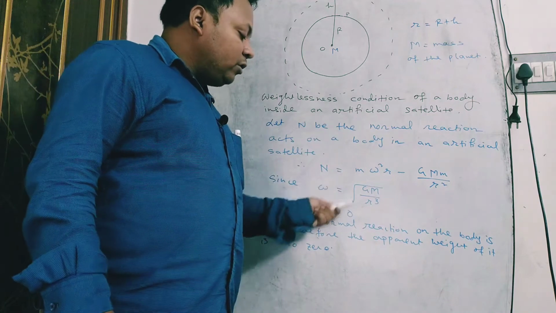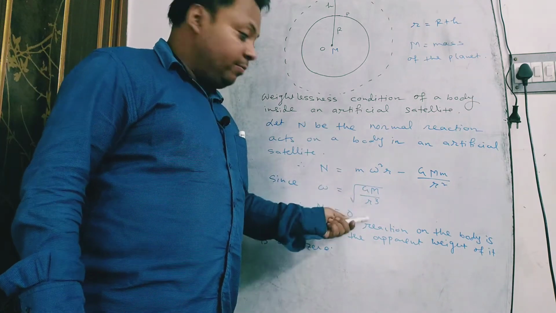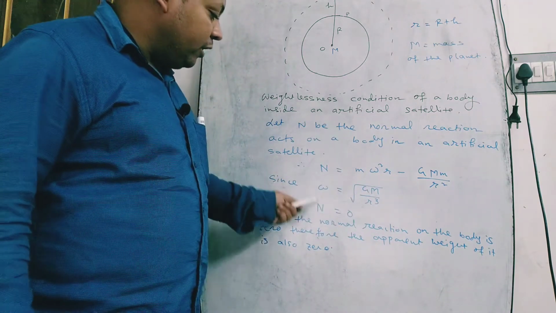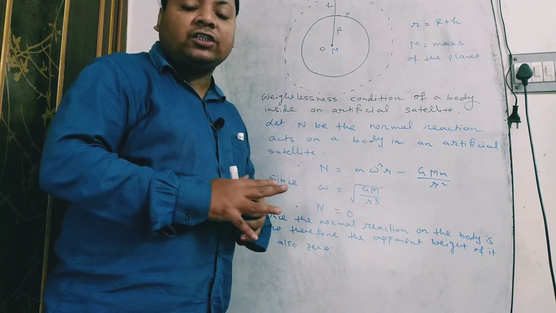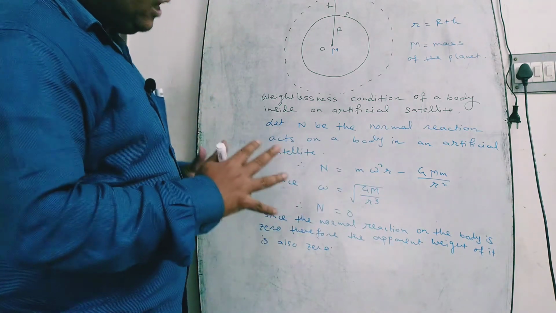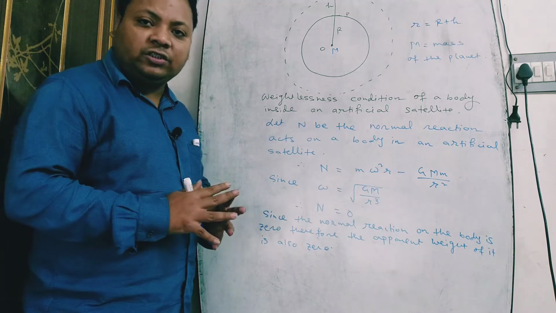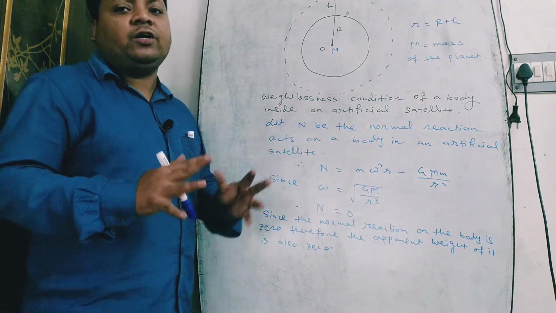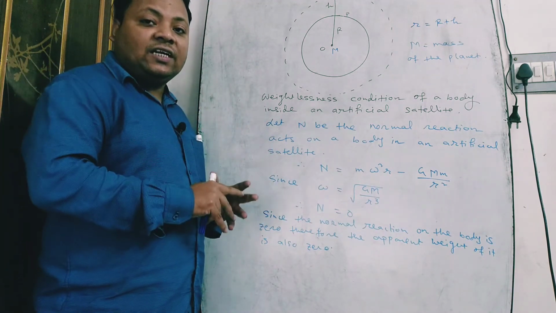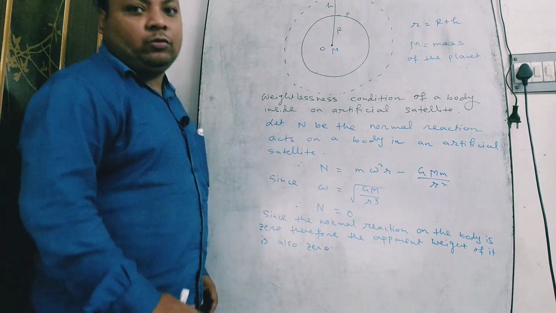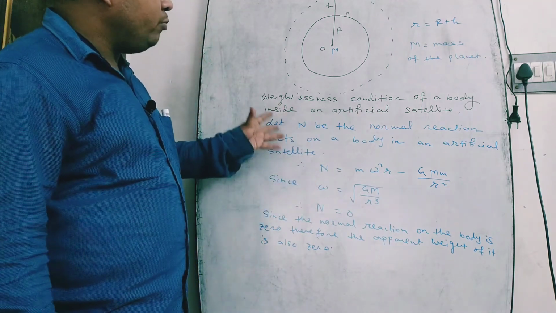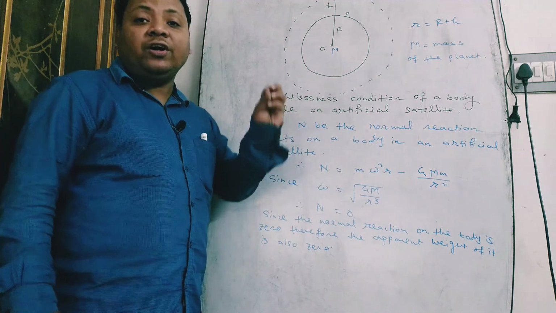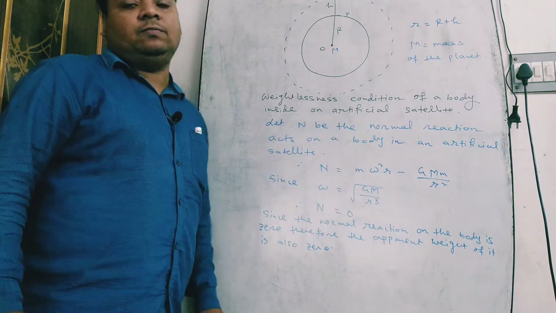Since omega is equal to under root of capital G capital M by r cube, therefore N is equal to 0, that is, the normal reaction on the body is 0. Since the normal reaction acting on the body is 0, the apparent weight of the body inside the satellite is also 0. This is the cause of the weightlessness condition of a body inside the satellite.